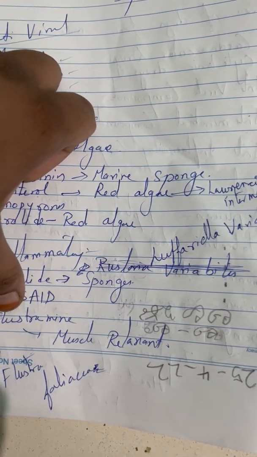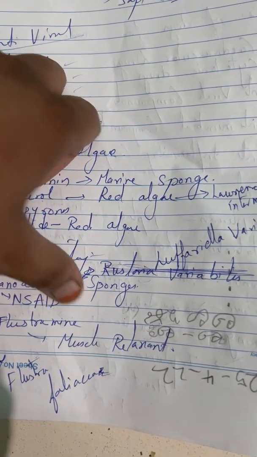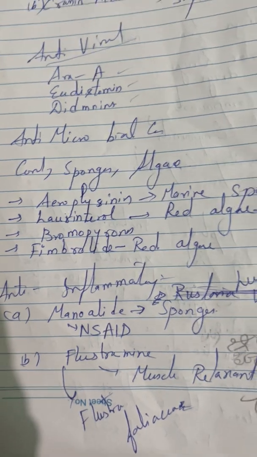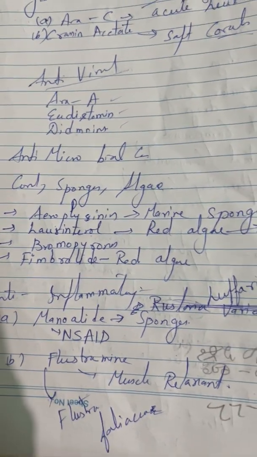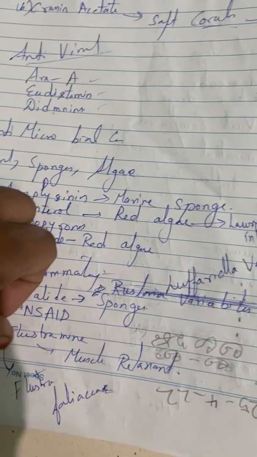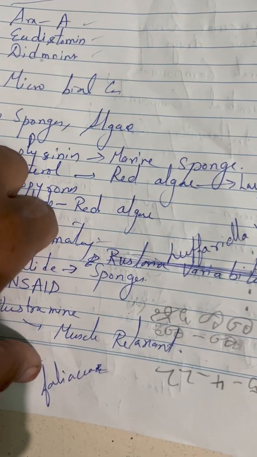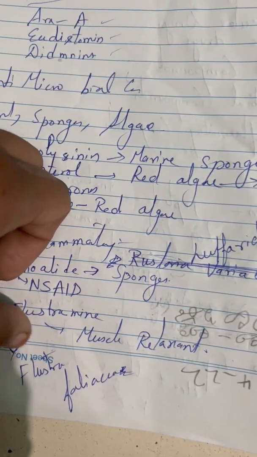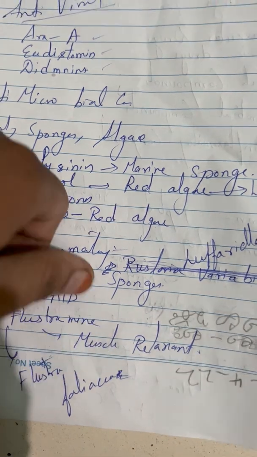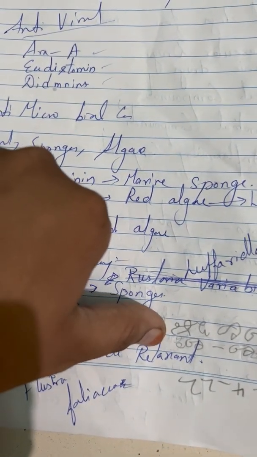Next is flustramine, which is obtained from Flustra foliacea and acts as a muscle relaxant.